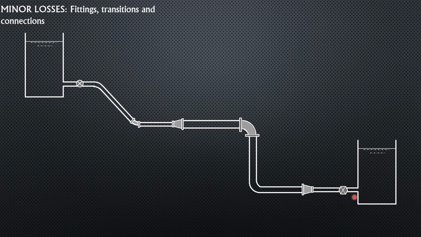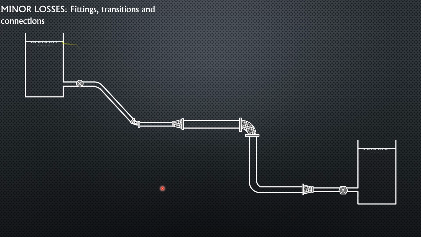And we have a submerged exit, where we have velocity here, and as it enters this large reservoir, the velocity instantly reduces to zero. Mean velocity reduces to zero as the stream enters this large reservoir.